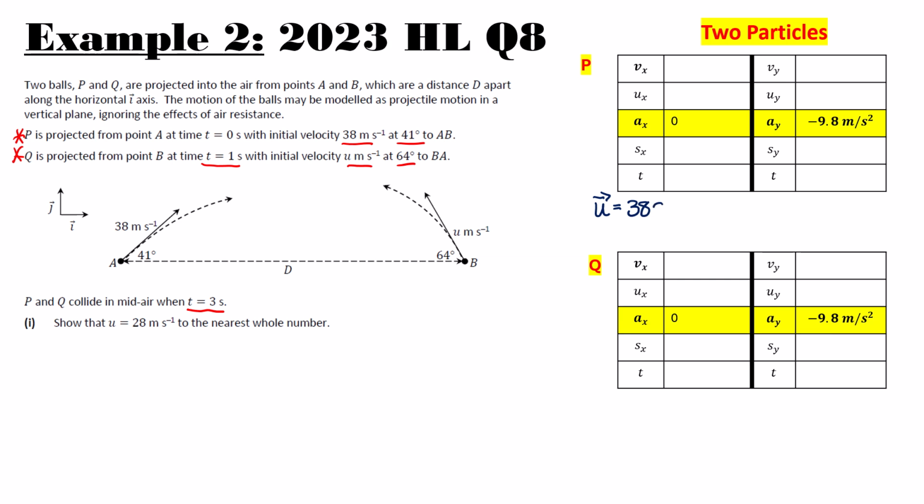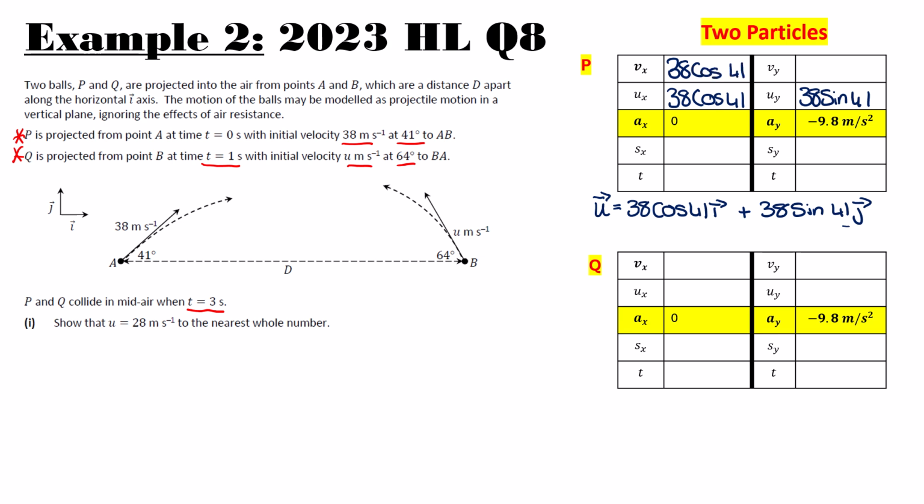So it's going to be 38 cos of the angle 41 i plus 38 sin of the angle 41 j. I'm actually not even going to convert those. I'm going to leave them as is, but we can turn them into decimals if you like. That's absolutely fine. So 38 cos 41 here.